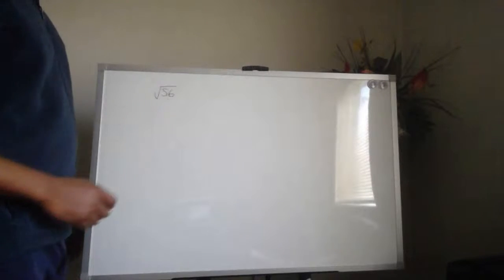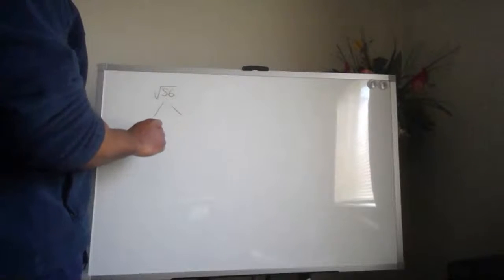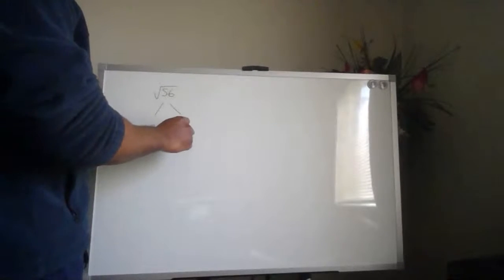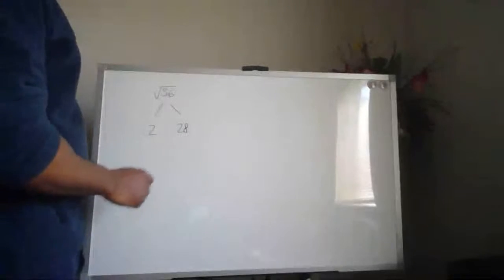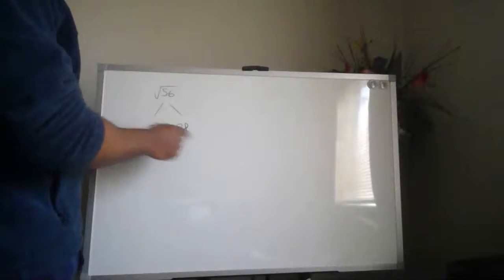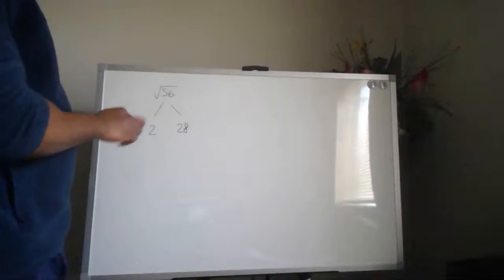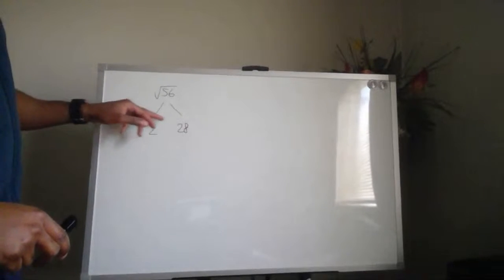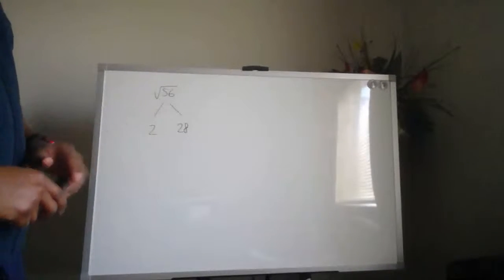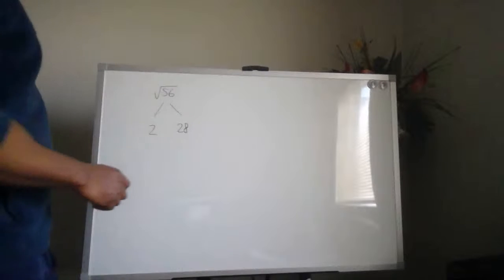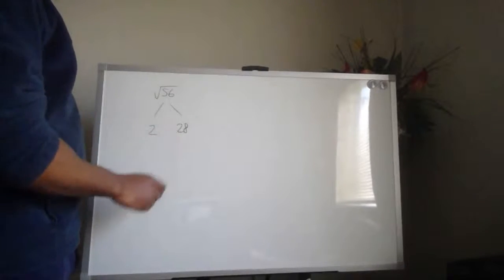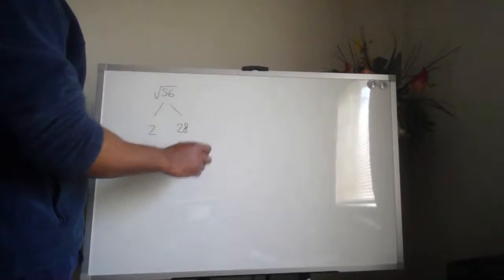All right, 56. So again, 56 is even, so we can divide that by 2. If we divide that by 2, we get 28. Now, I'm going to do this another way, without writing the square root symbols for you guys. So bear with me here. 2 is prime, 28 is not. So I'm going to factor it some more.